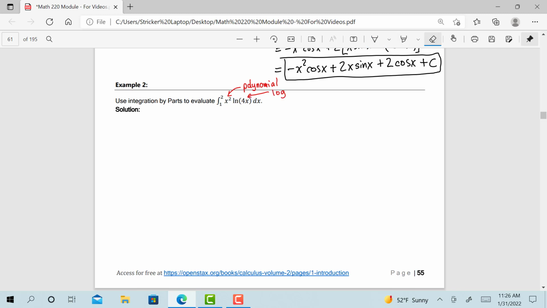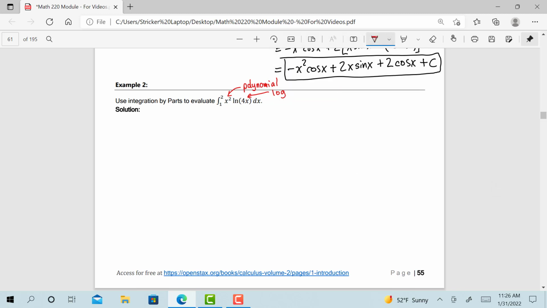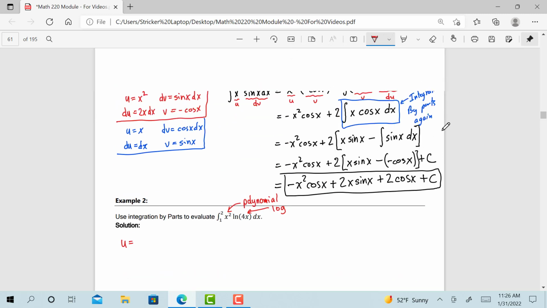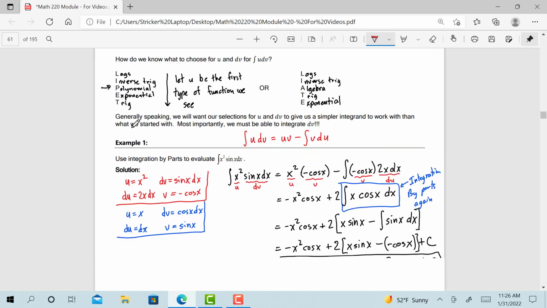What are we going to pick for u if we have a polynomial and a log function? Well, hopefully you chose your u to be the log function. That's what, if we go back and look at LIPET, log functions come before polynomial functions.